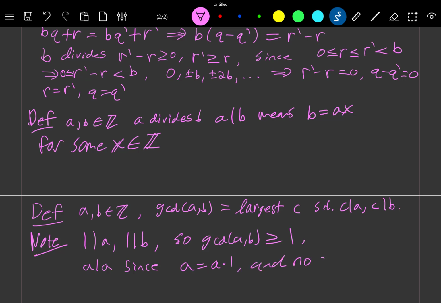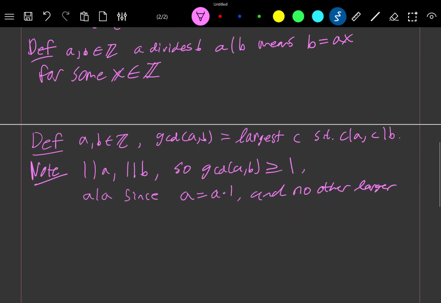And we have no other larger divisor. Since if you had a larger divisor, say, and let's just assume A is positive, because you can also always multiply by -1.